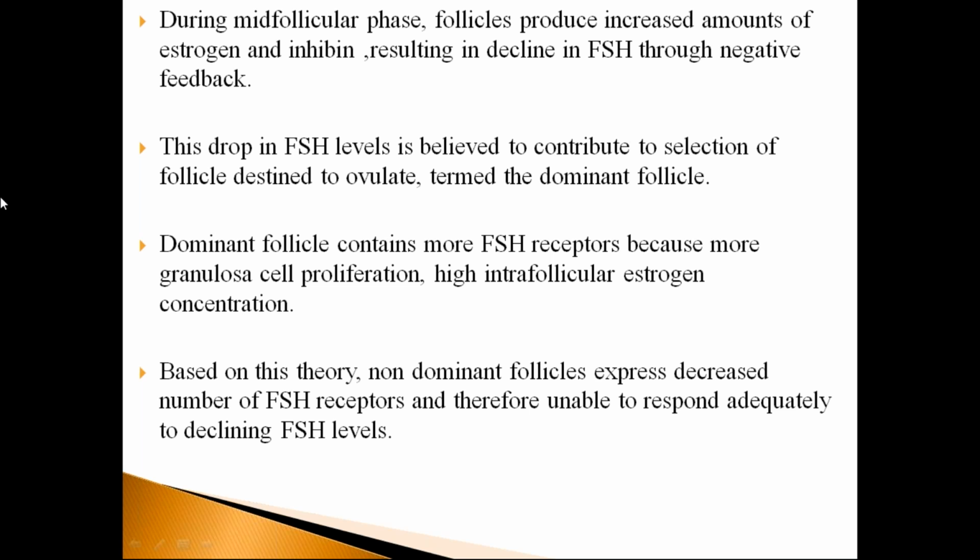So in the early follicular phase, there is an increase in FSH, the cohort is recruited, and during development, there is an increase in estrogen and inhibin from the growing follicles, which decreases the FSH levels. Because these FSH levels are reduced, the dominant follicle, which has more receptors, continues its growth with minimum FSH, leaving behind the other follicles as atretic.